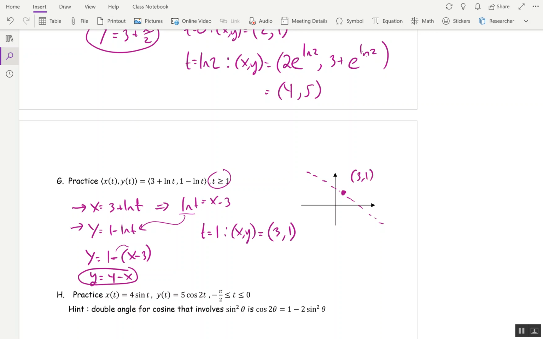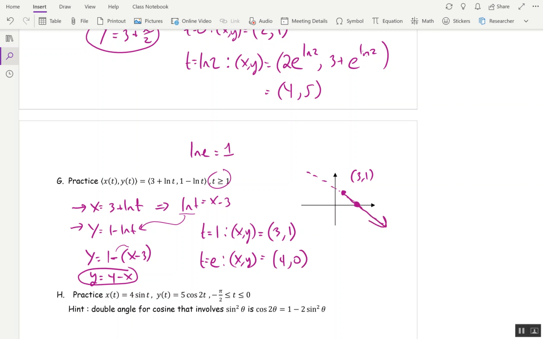Now I want a number bigger than 1 to plug in so I can plot it, and I want a number I can plot, so I'm going to choose e. e is bigger than 1, it's about 2.7, and so then x is 3 plus ln e. ln e is 1, so 3 plus ln e is 4, and then y will be 1 minus 1, which is 0. So that's here. So I'm going in this direction.